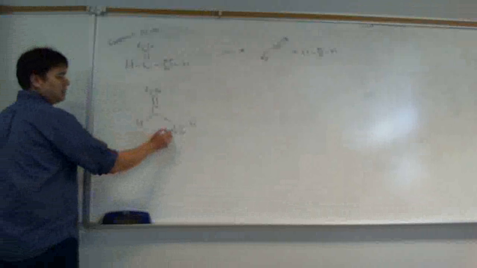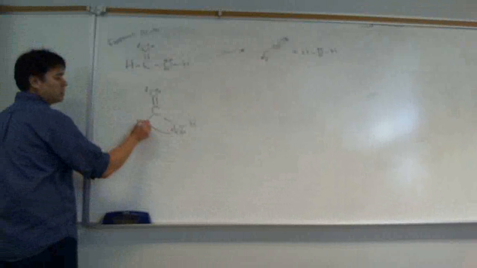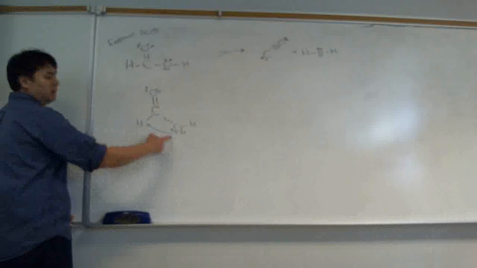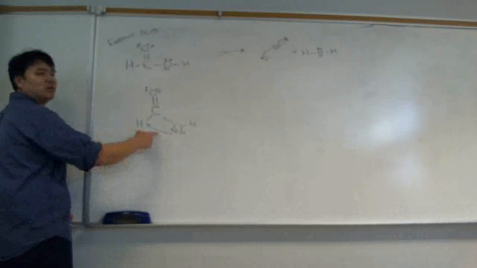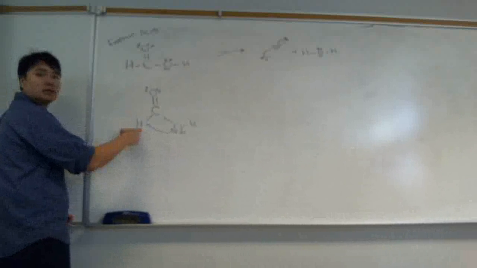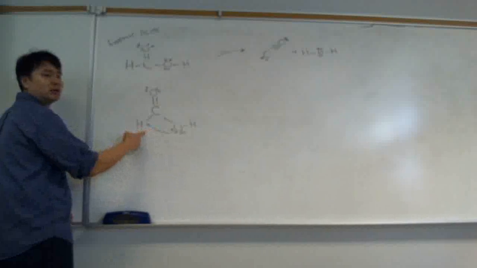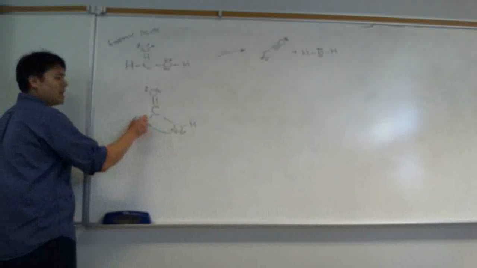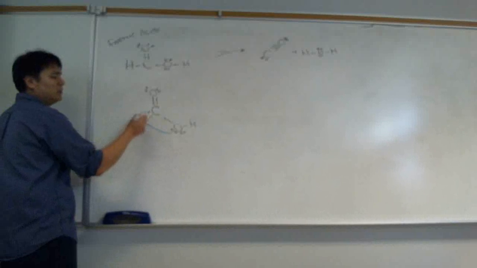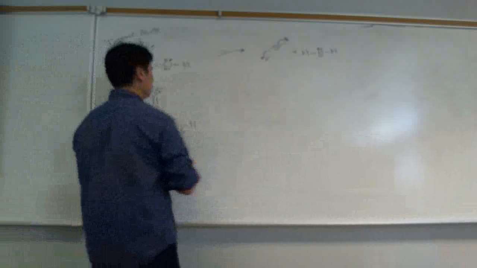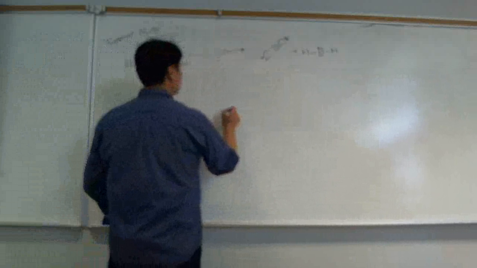This sp3 lone pair gets pushed into the s orbital of hydrogen. If the sp3 gets pushed into the s, then we form an sp3-s orbital overlap, which results in a bond. But can we have two bonds to hydrogen? No. And so what that has to do is kick out these sp2 electrons here and place those over here.